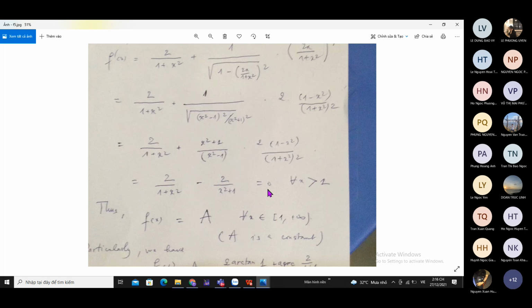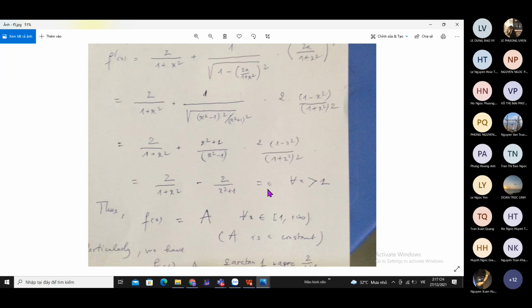So the function f must be a constant function on the interval 1 infinity. A here is a constant, f of x equals A. Now we determine the constant A. As in the previous example, to find the number A, we should choose a special number, let's say x0 of the closed interval 1 infinity, so that you can evaluate the value of f at that point easily.